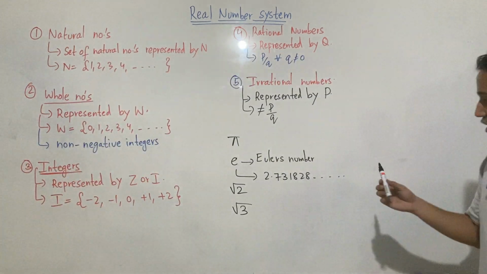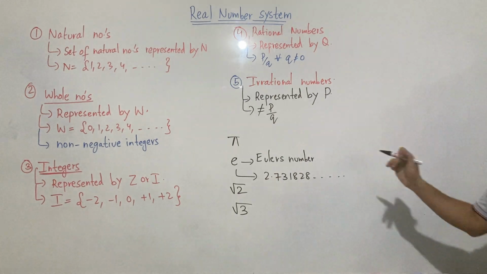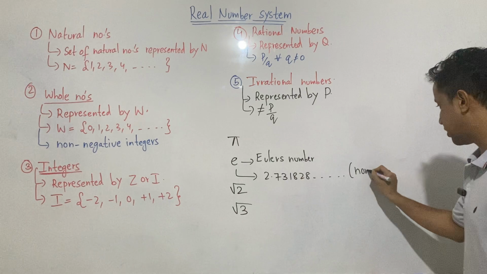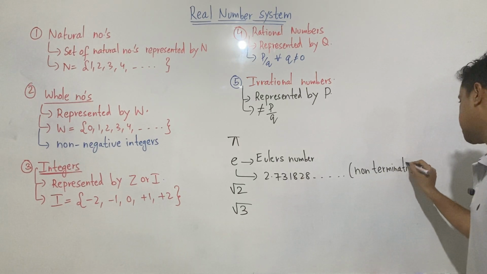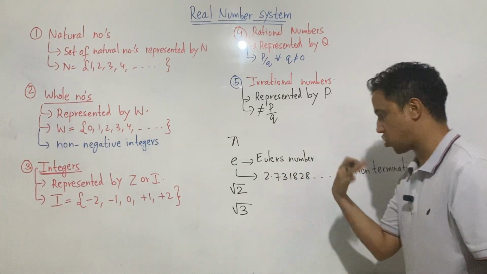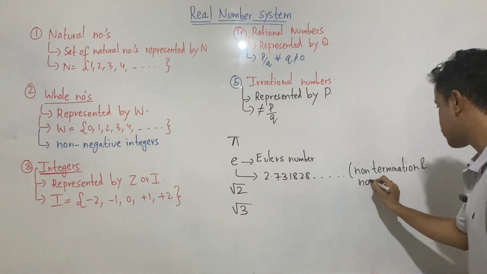Why? Because if you look at this, after the decimals you will say that this number is non-terminating because it doesn't stop here, it just keeps on going on and on, and at the same time it is non-recurring.